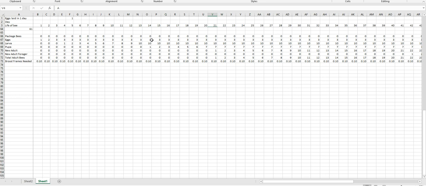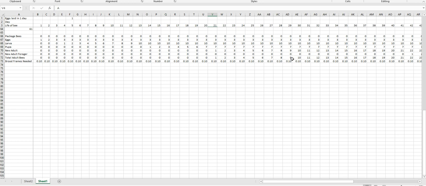So you have 3 eggs, 10 larvae, 1 pupa. And then as you go on out, eventually you have, yay, 1 adult bee on day 21. And then from there on, you still have 3 eggs, 10 larvae, and 7 pupae for the rest of the time. And then eventually your number of adult bees continues to grow as your hive goes on.